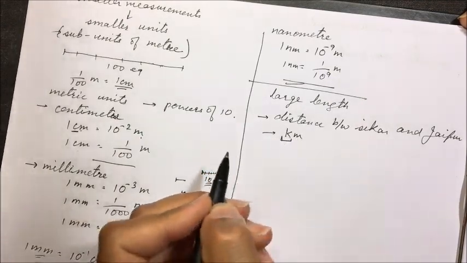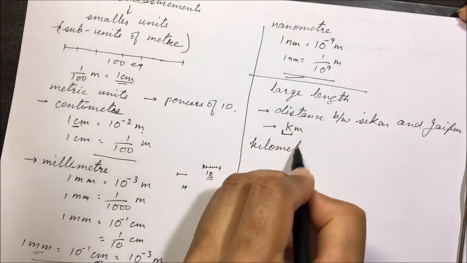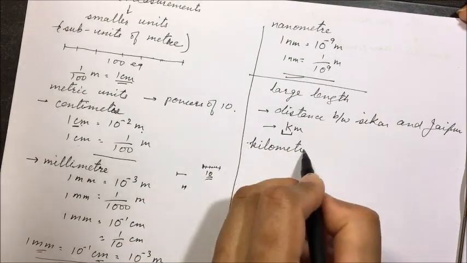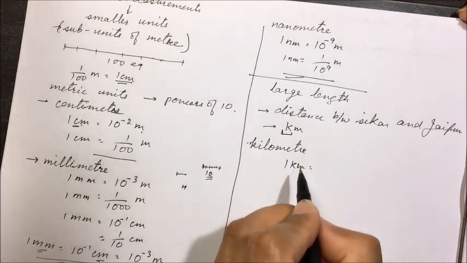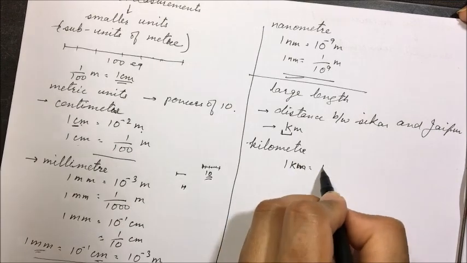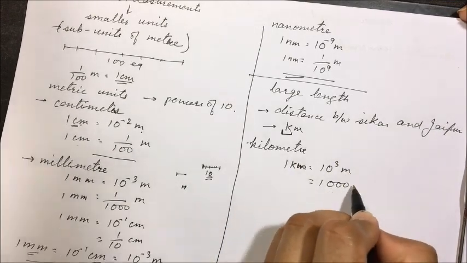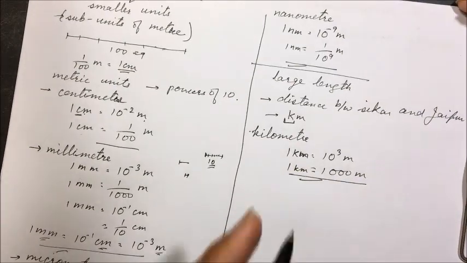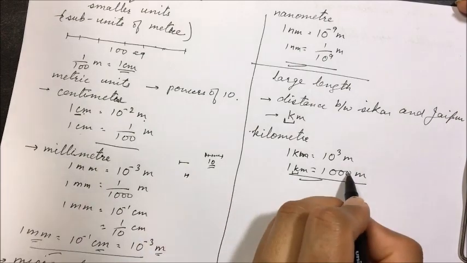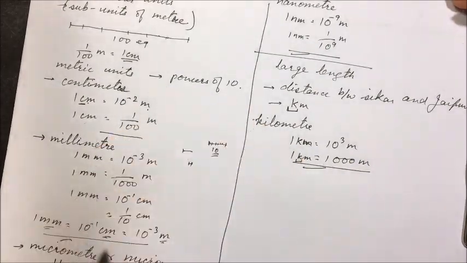The prefix used is kilo. 1 kilometer equals 10 raised to power 3 meters, that is 1000 meters. So the prefix we used is kilo, and it is 1000 times the meter. So these are the metric units.